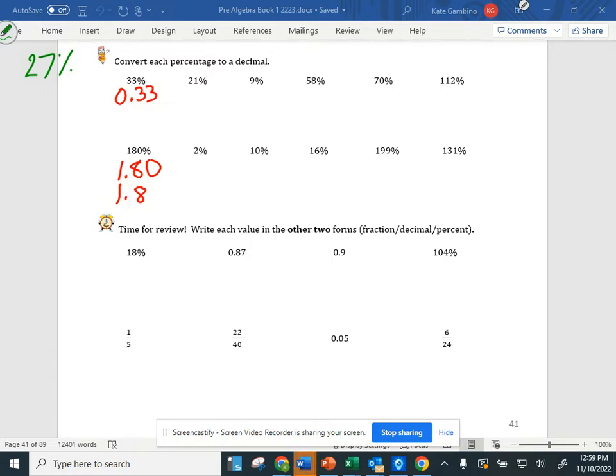Okay, so James, be careful, because if I ask for it as a decimal, we don't want to give the fraction answer. You were correct. So just circle just the decimal one. All right, next one. 105%.